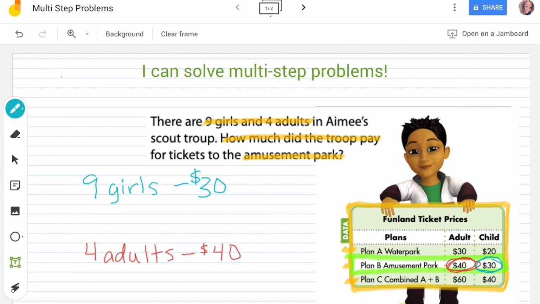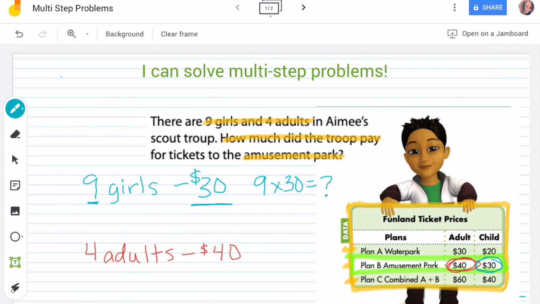Let's take a look at this. I have 9 groups of how many? That's right, 30. And I can represent that as a multiplication problem. 9 groups of 30 is going to give me the total amount spent on the girls' tickets. I can solve this multiple ways.